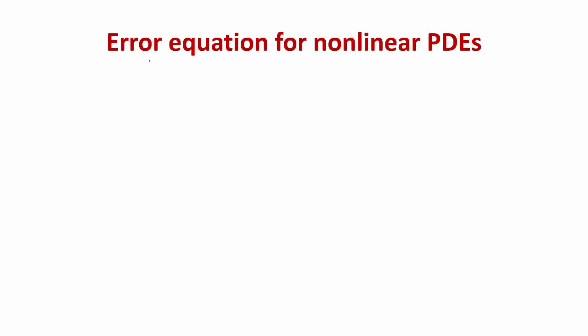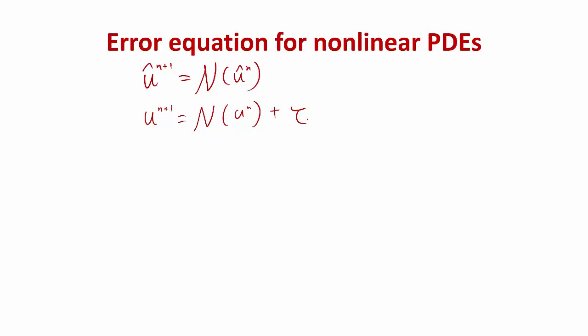So let's say my u hat of n plus 1 is equal to a nonlinear operator N of u hat of n. If you put the analytical solution in, I would have a truncation error tau.